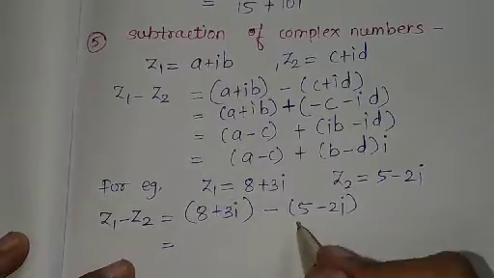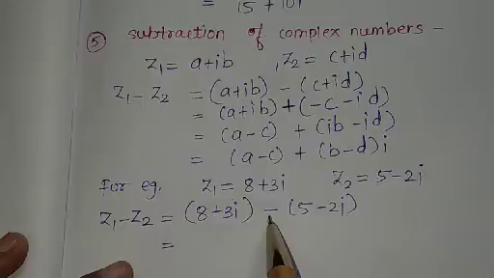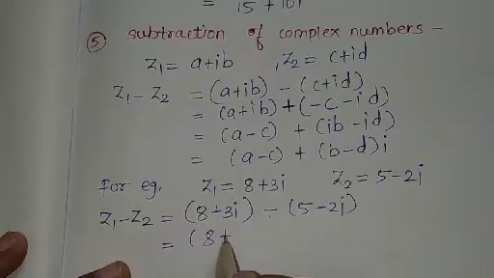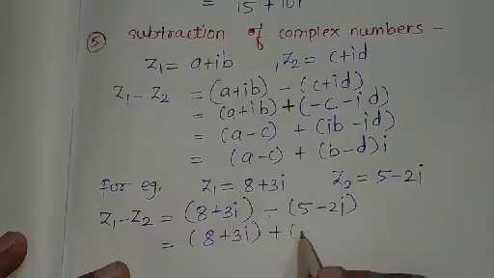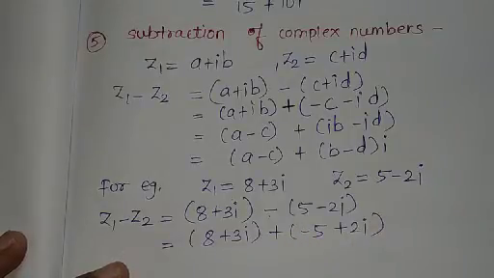Here again from this subtraction sign, the sign of this bracket will change, that is 8 plus 3i plus minus 5 plus 2i.